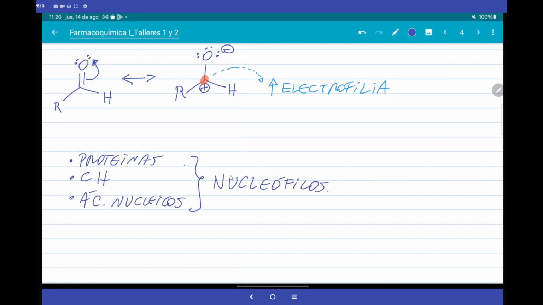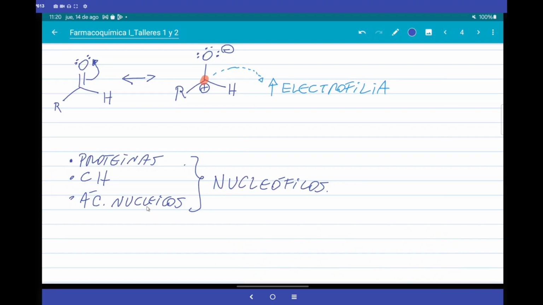For example, I know that not everyone has this so fresh, but I am going to try to be as homogeneous as possible in the delivery of contents. What net charge does DNA have, positive or negative? It is negative precisely because of the chain of phosphate groups.